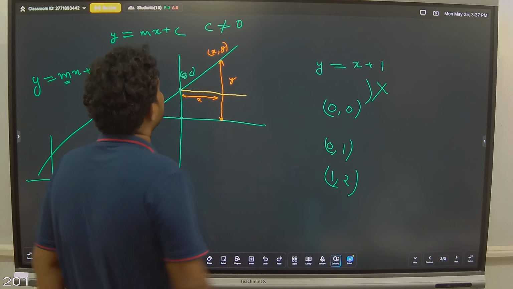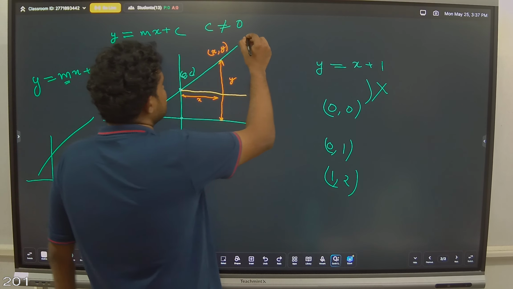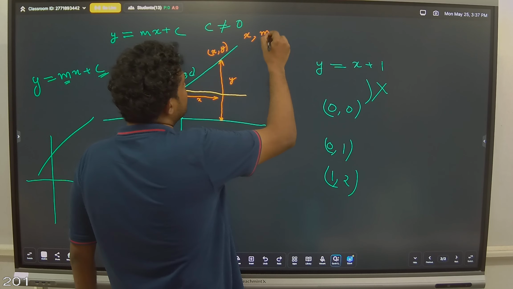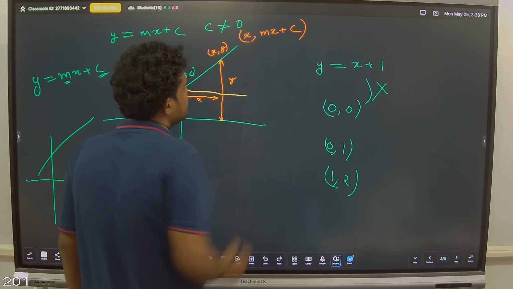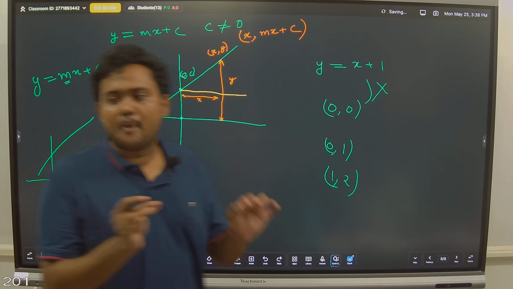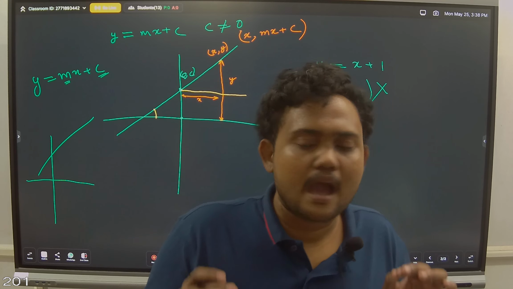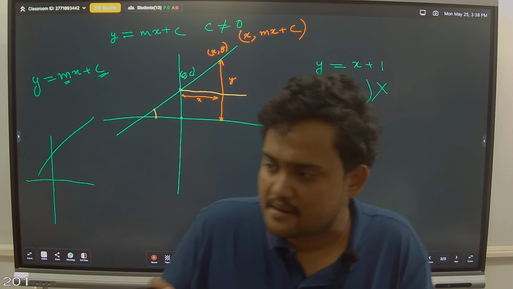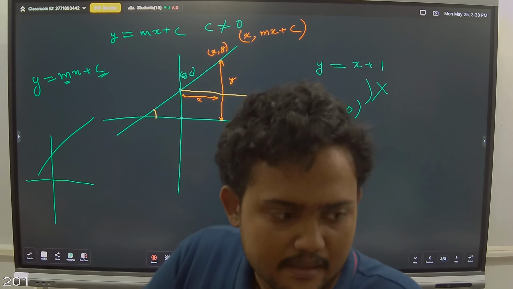So what is y? y is always going to be mx plus c, right? So we write this as x comma mx plus c. Any arbitrary point on this line is of the form x comma mx plus c, right?